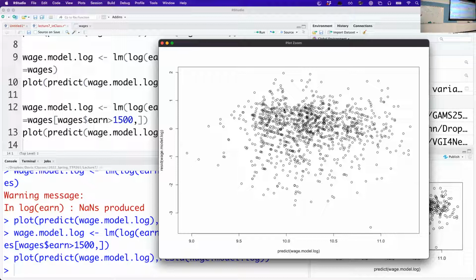Check the residuals, see there's a problem, see if I can identify it. How can I either manipulate the model or identify problems in the data itself until I arrive at this thing, right?